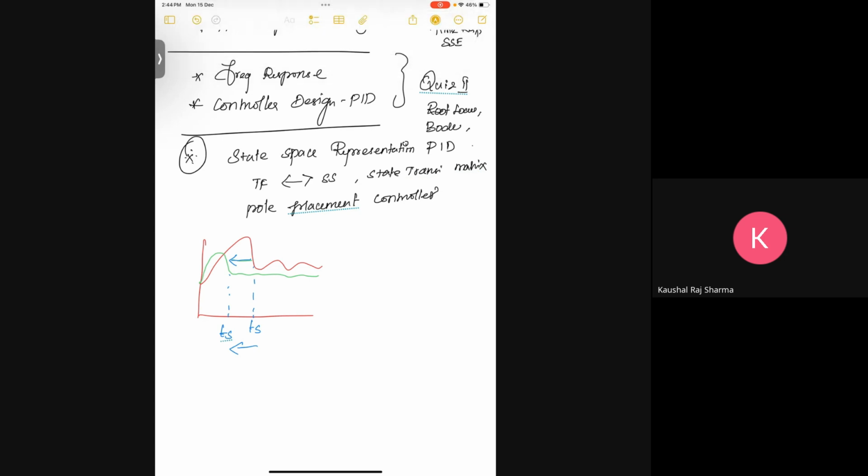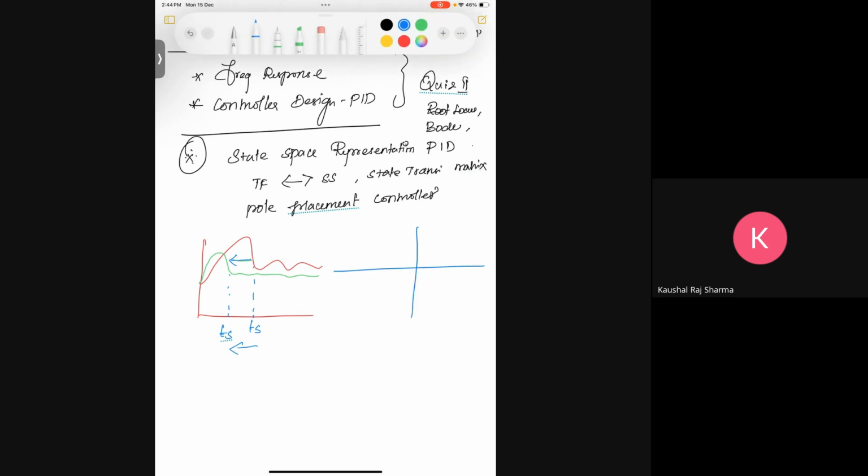So I will see, if previously my poles were here, then with respect to the green response, my poles might be here, because based on the concepts we learned, the farther the poles, the faster the response, right? So this is the basic concept, very basic things.